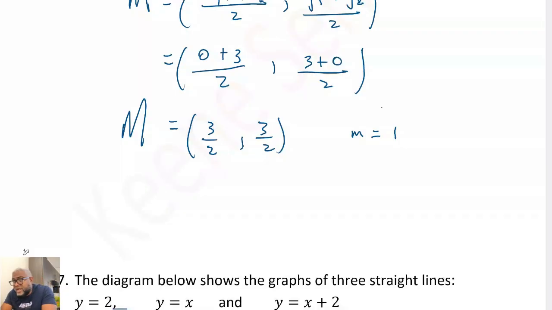What is the formula to find the form for the equation of a line, Rahimo? Say that again. What is the formula to find the form for the equation of a line?